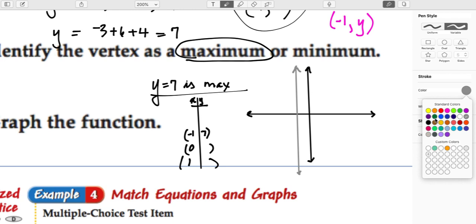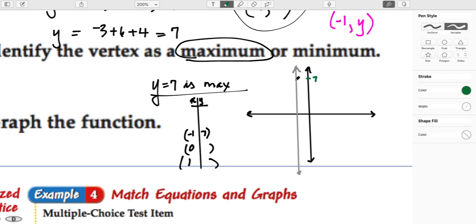So let's put that point on there in green. So let's call this 7, and that's -1. So -1, 7, there's my vertex. All I need to know is what's happening here and here, and then I can map it, exploiting symmetry, on the other side. You like it, don't you?